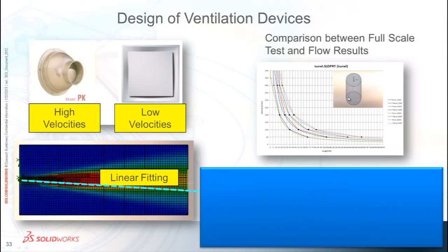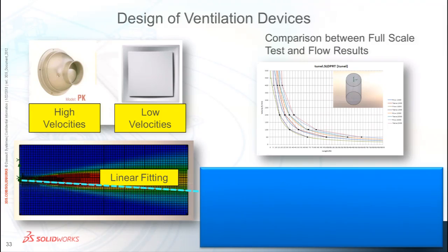This cylinder is a kind of room, and here you have the distance in meters. So as you go farther from the wall, you get lower velocities. It was very hard to find because we have to use a very fine mesh, and we found a linear fitting that allowed us to have a perfect matching with the customer.